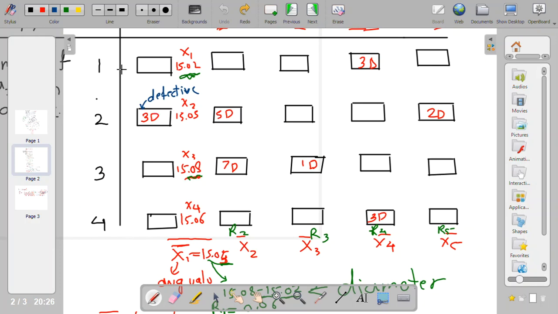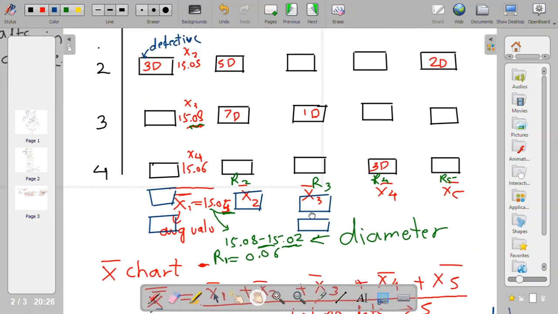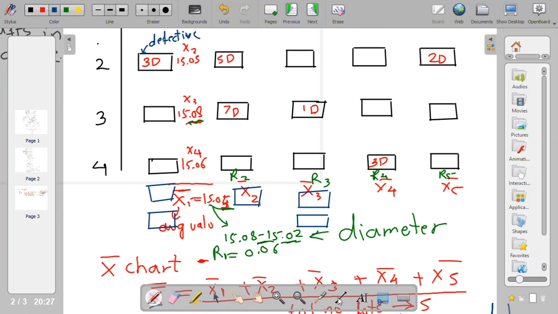So if I consider sample size or number of items in sample are not constant, means in first subgroup I'll take, this is one more. Okay, here I'll take just one more.